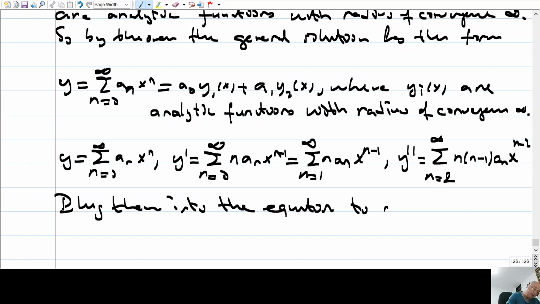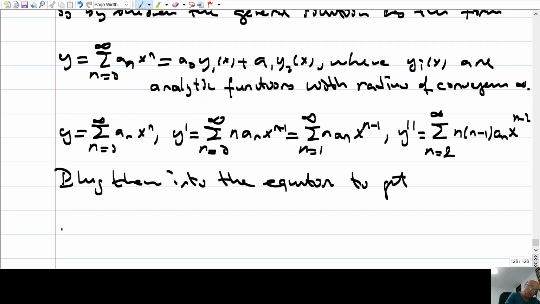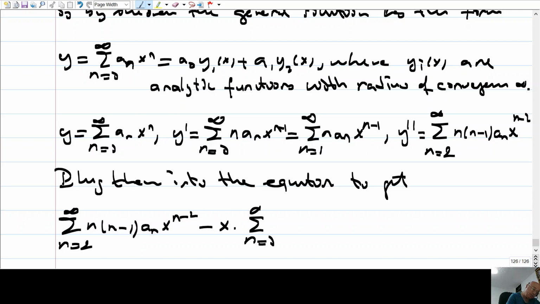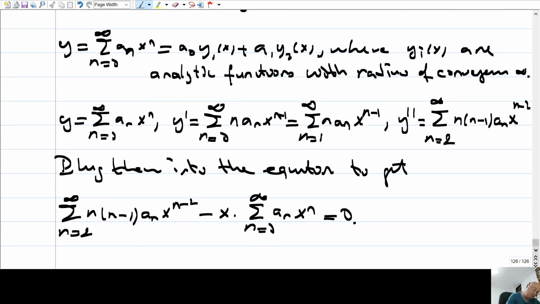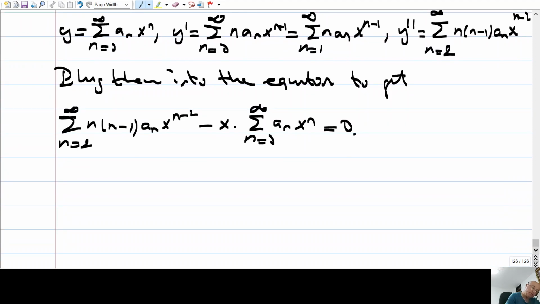So y double prime minus x times y equals 0.